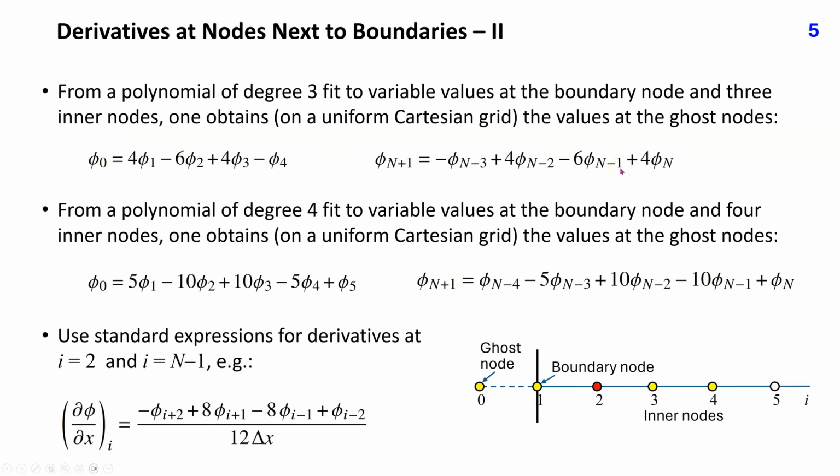From a polynomial of degree 4 fit to variable values at the boundary node and 4 inner nodes, one obtains on a uniform Cartesian grid the following expressions for variable values at the ghost nodes. With variable values at ghost nodes computed in this way, standard expressions for derivatives at nodes I equal 2 and I equal n-1 can be used.